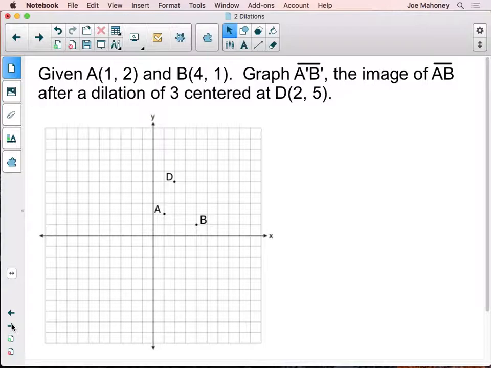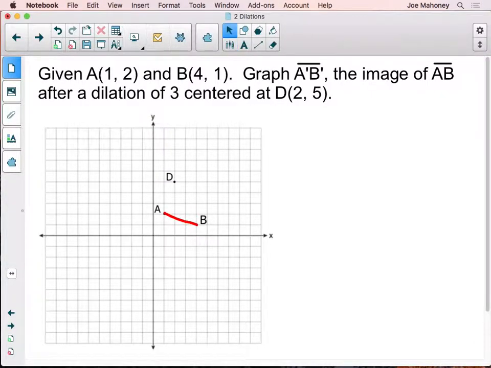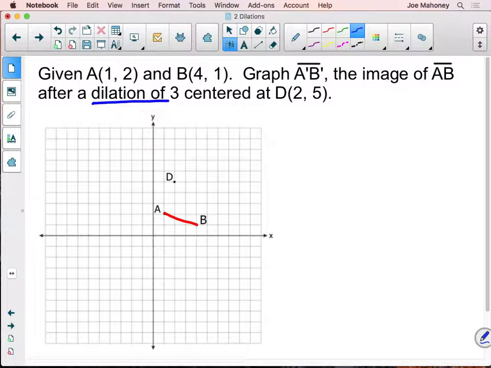Okay, so if you have your grid paper handy, we're given point A and point B, and we'll even draw in segment AB. There's segment AB. I want to make a graph of A prime, B prime, the image of this segment after a dilation of 3 that is centered at point D. So from point D, I'm doing a scale factor of 3.